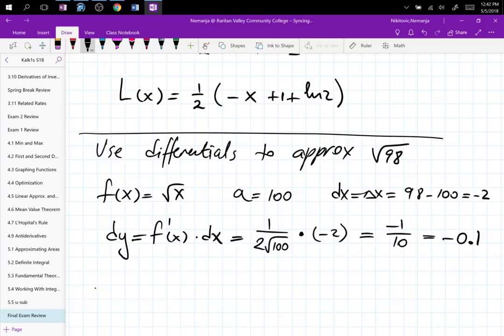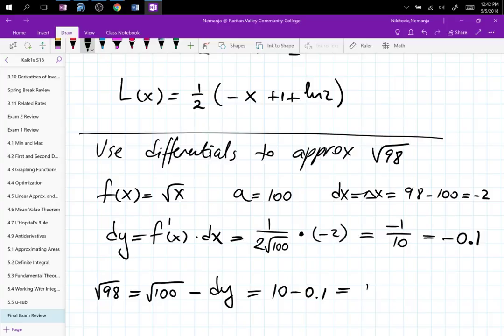So now, square root of 98 is approximately equal to the square root of 100 minus dy. Well, that's 10 minus 0.1, which is 9.9.